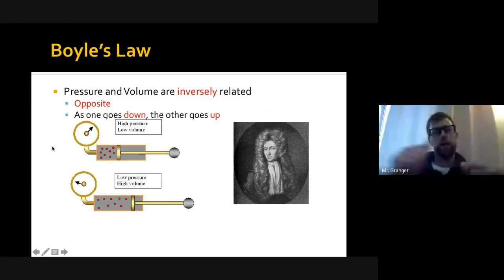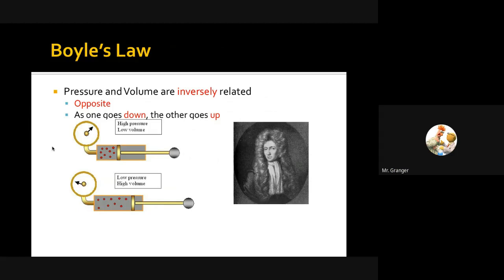If we pull the piston back out and allow the gas to take up more space, it reduces the number of collisions with the walls of the container. And you see the needle comes back down or drops for our pressure reading. So as the volume comes down, the pressure goes up.